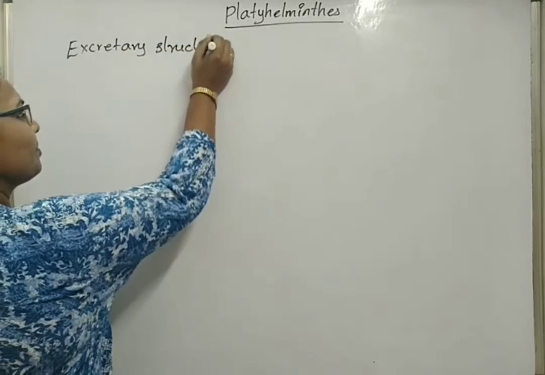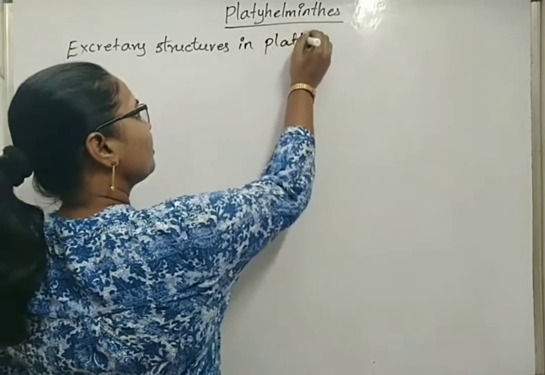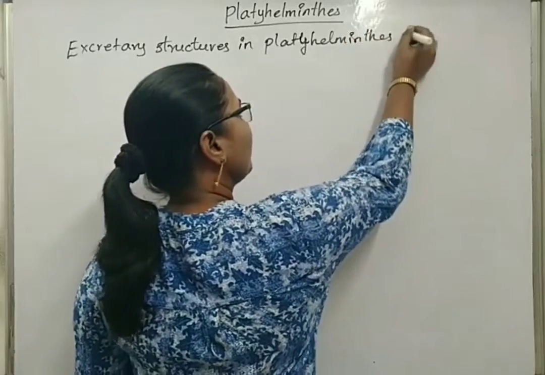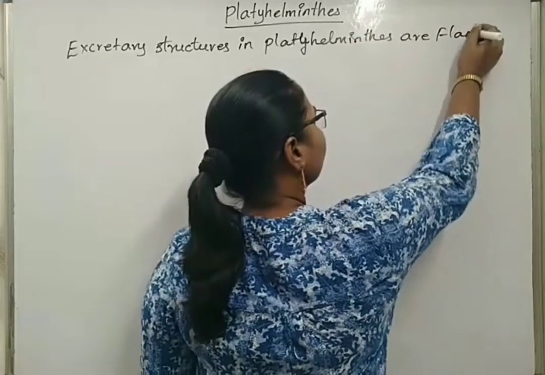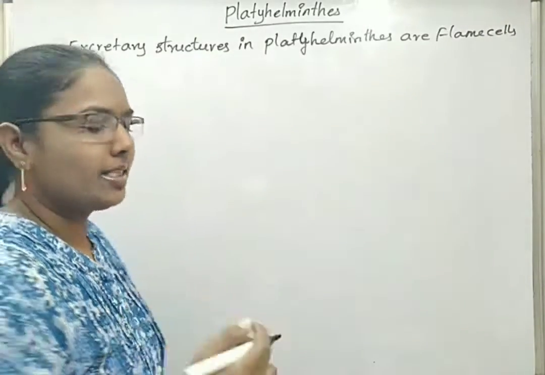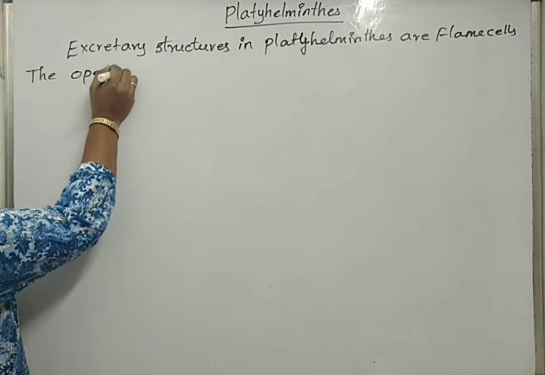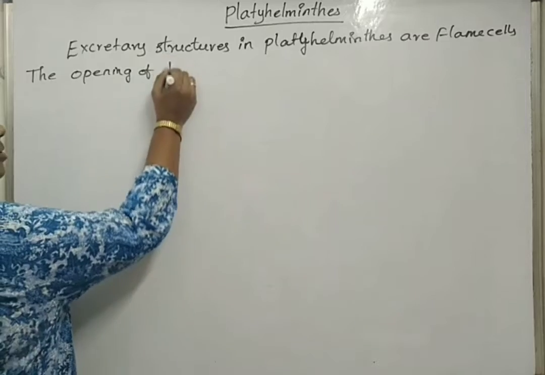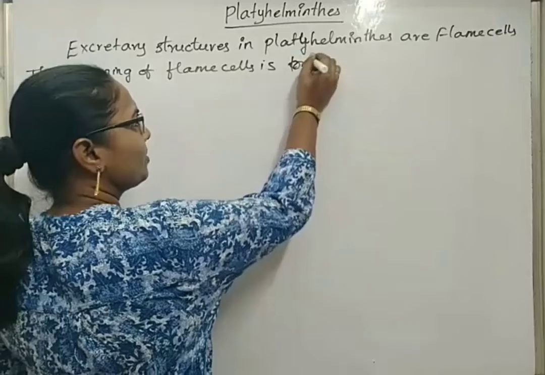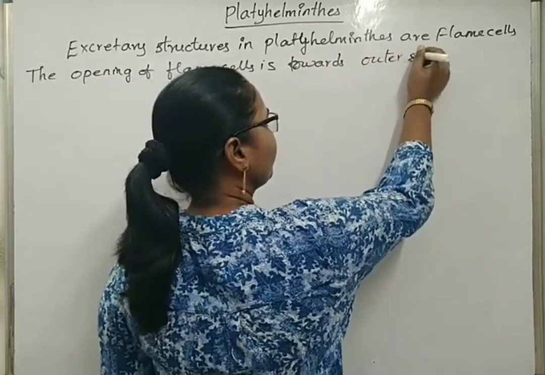Structures in platyhelminthes are flame cells. Their opening is connected to the external surface, towards the outer surface.